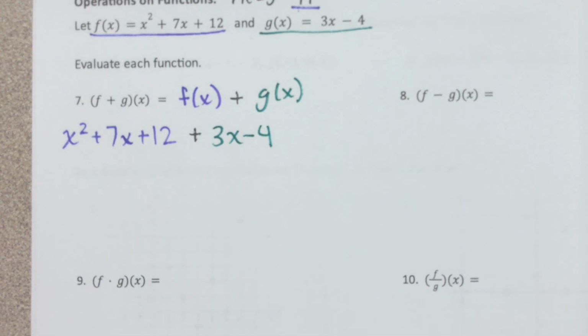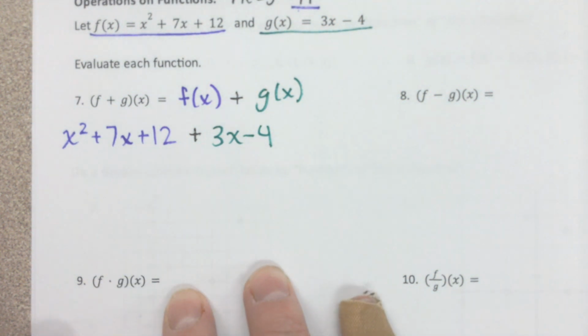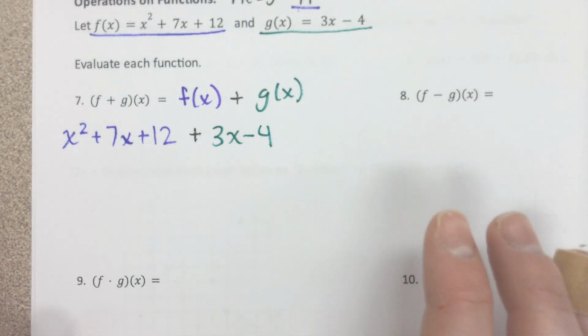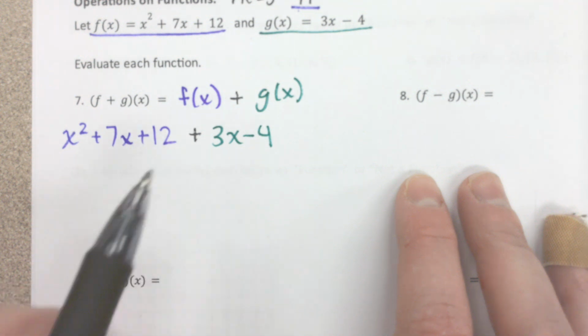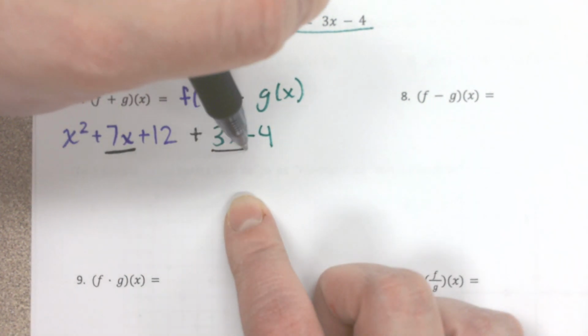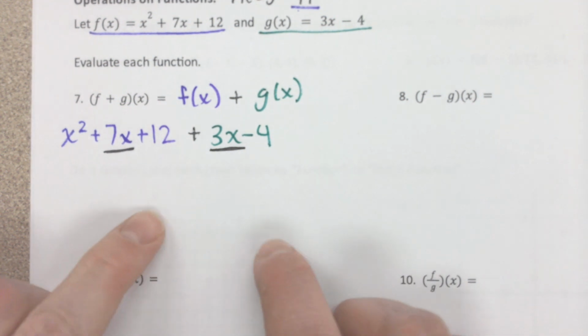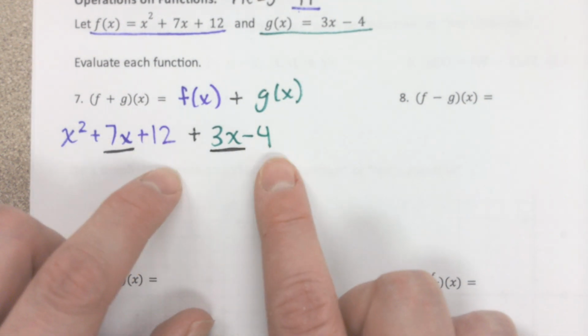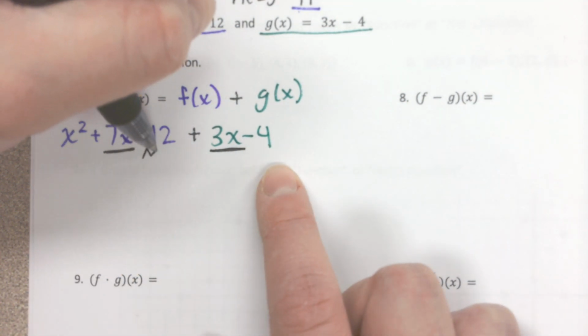This is just Algebra 1 stuff. From here, the only thing we can do is combine like terms. So we have 2 x's and then we have 2 constants. They don't have an x on them, so I can combine those as well.